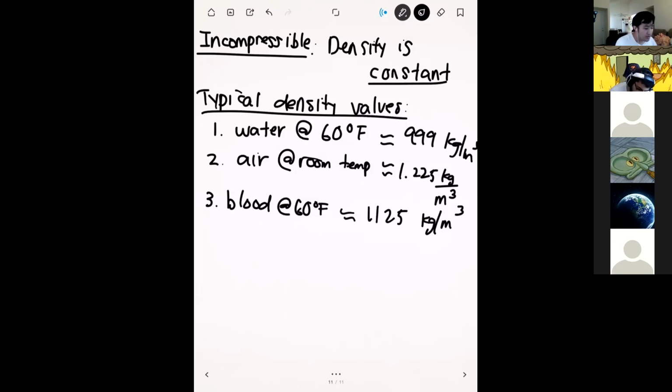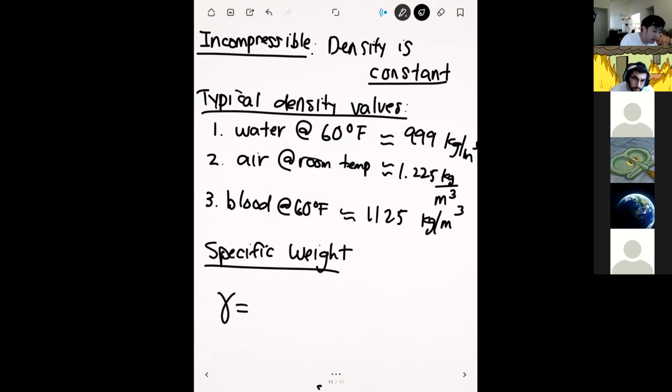Okay, and then just one more thing I wanted to review for density. So we have specific weight. Remember, specific weight is kind of like the relationship between force and mass. The symbol for specific weight is gamma, and the way that you compute it is you take your density and multiply it by gravity.